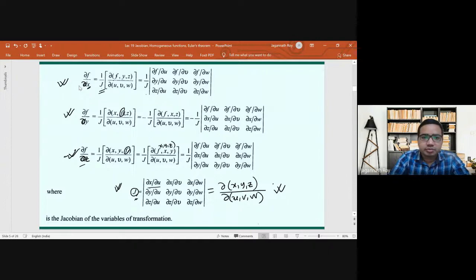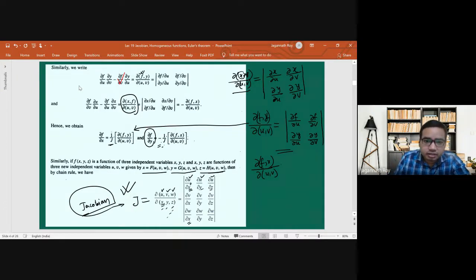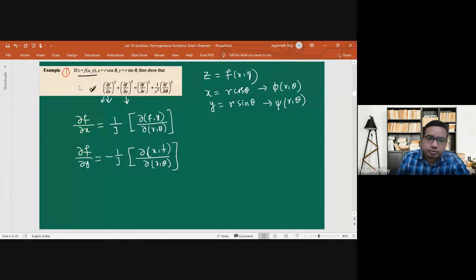Let me check whether we have written correctly. Sorry, this is f, x. Let us write f, x. We are keeping f in the first row, and that is why we are writing in this way.